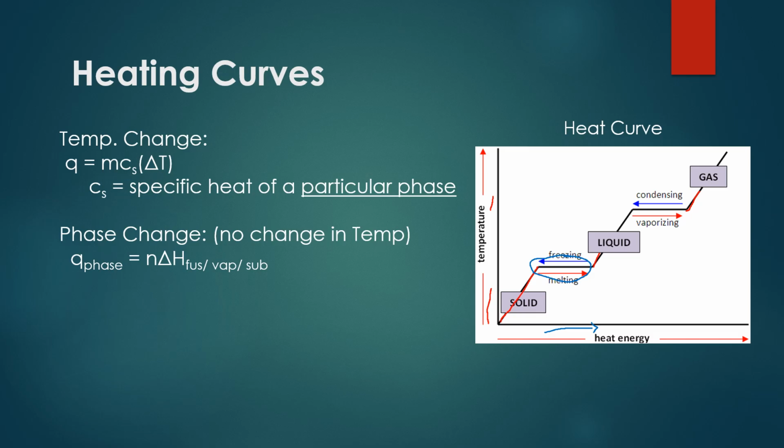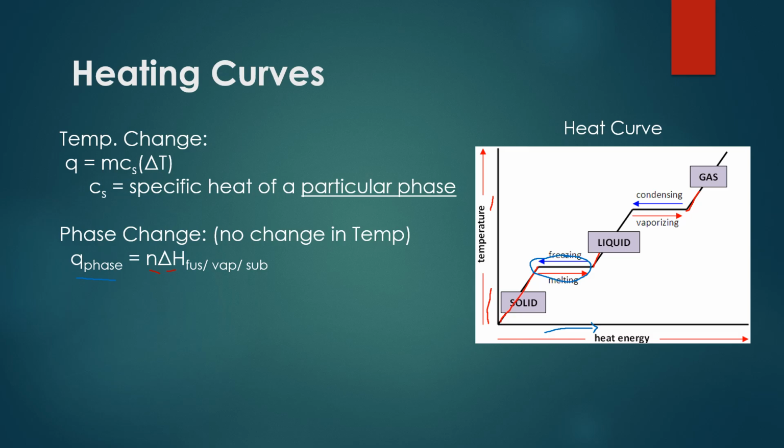So for these plateau steps, we use a different kind of equation since the temperature doesn't change. For those, we're going to use this Q phase equation. In this Q phase equation, we take n times ΔH. Now this ΔH is what we saw on the previous slide.